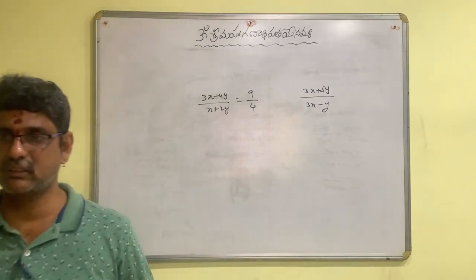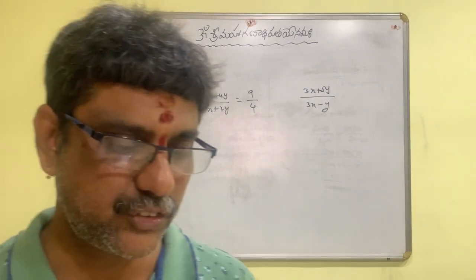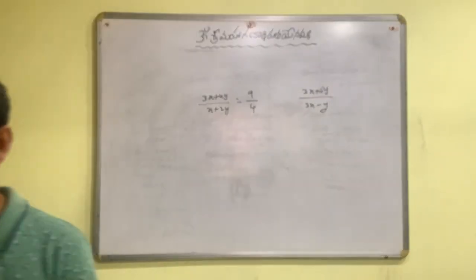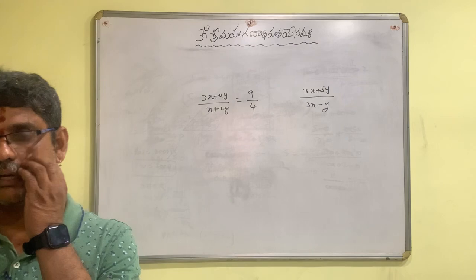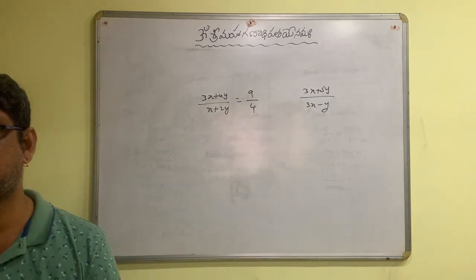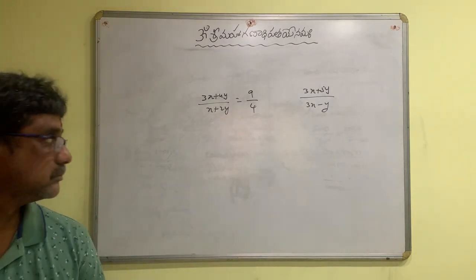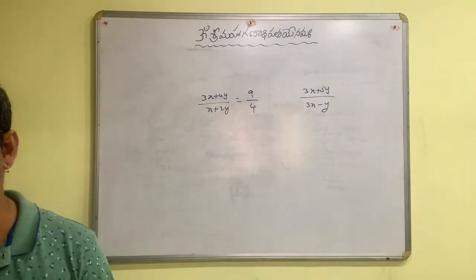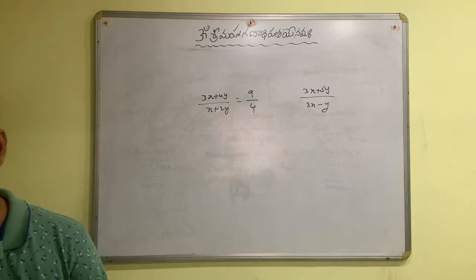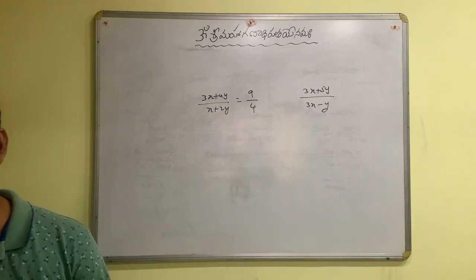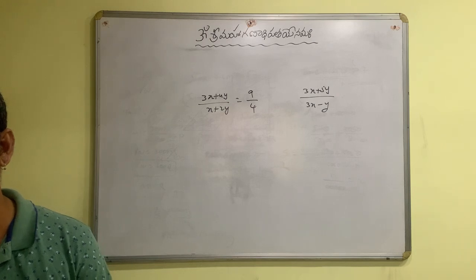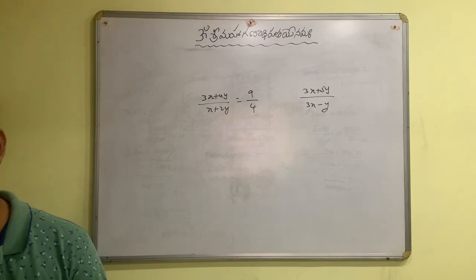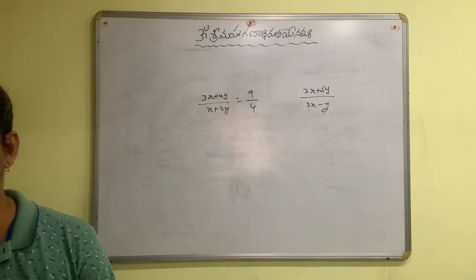He is asking this answer. Option C. Why? Everyone is saying 7:1. I want the reason. Without knowing the reason, how are you getting the solutions? How is it 7:1? 3x is equal to 2y.